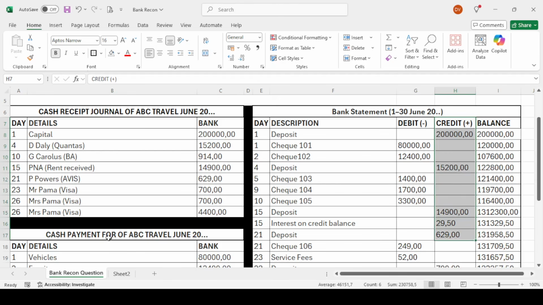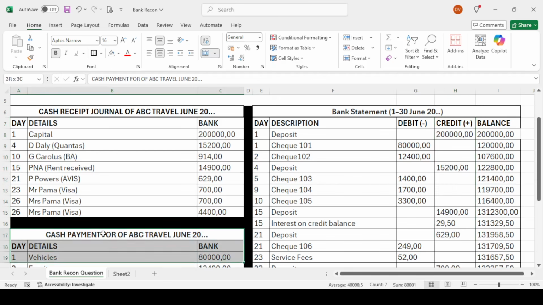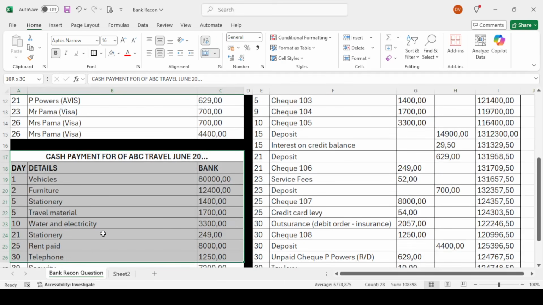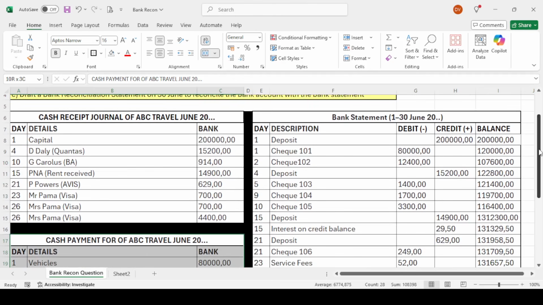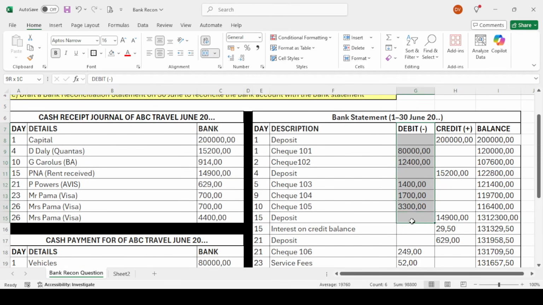Okay? When you look for the cash payment amounts, it is money that was paid. So at the bank, you will look for it on the debit side because it's the money paid side.